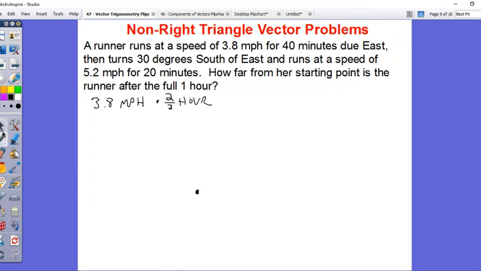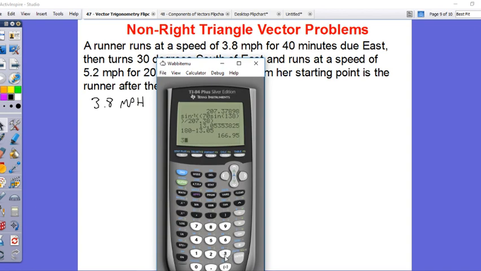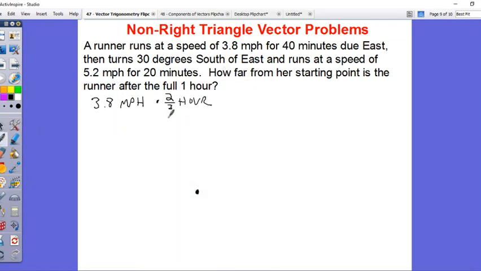That's going to be 3.8 times 0.666. That's going to be 2.53. So we're going to move east 2.53.